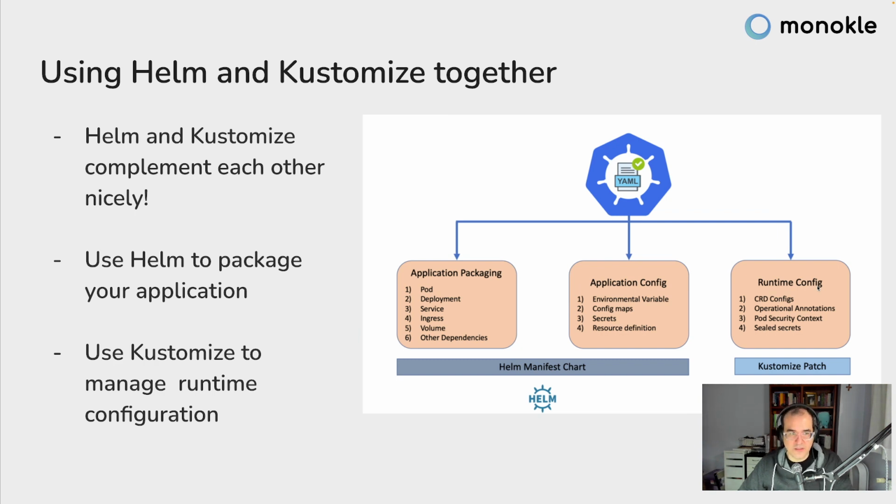Sometimes it's not enough. So one of the things you can do is use Helm to package your application, so your application packaging and config is defined in Helm. That allows you to have variables and modify them. But your runtime config can be a Kustomize patch.